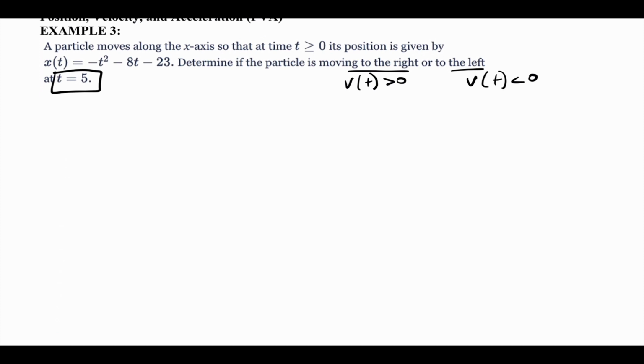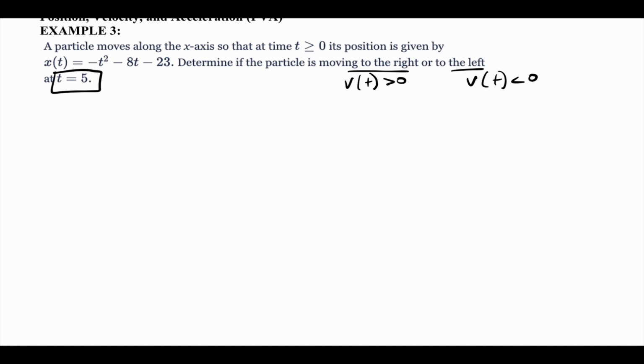Plug in 5, and then see if the answer is bigger than or smaller than 0. Yeah, they want you to see if the derivative at 5 is positive or negative. That's all they want you to see.